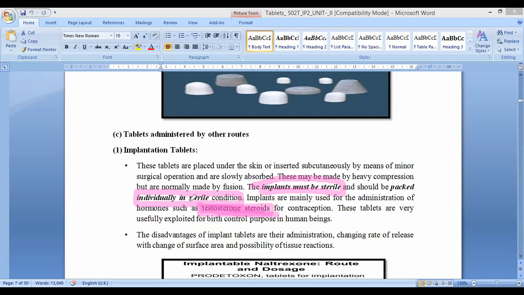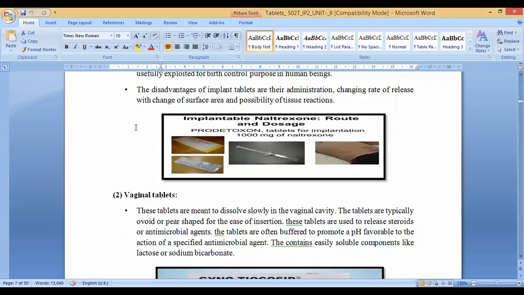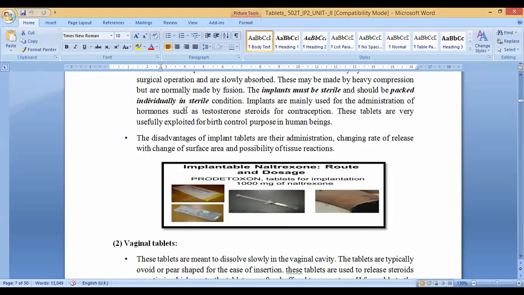If you insert it beneath the skin of a person, there is no need for the patient to take tablets on a daily basis. This is one of the advantages of implantation tablets.